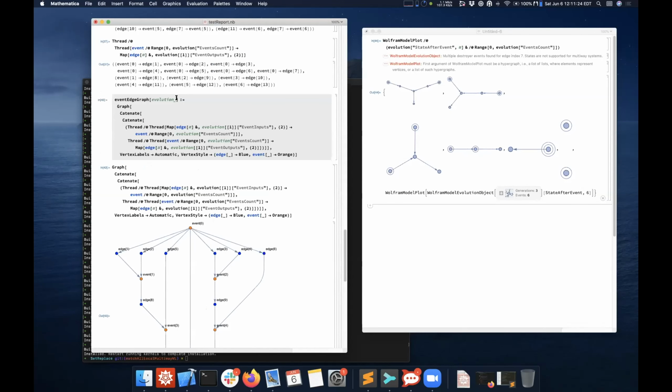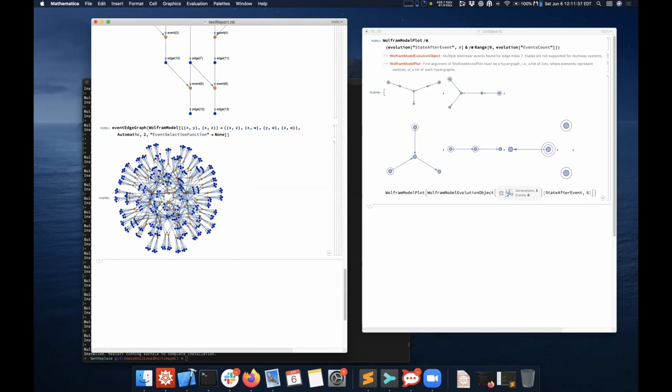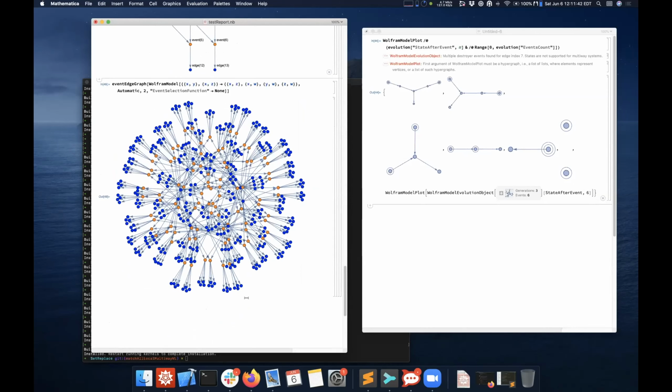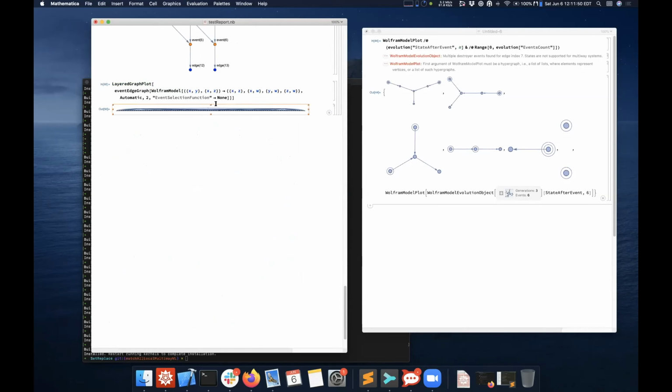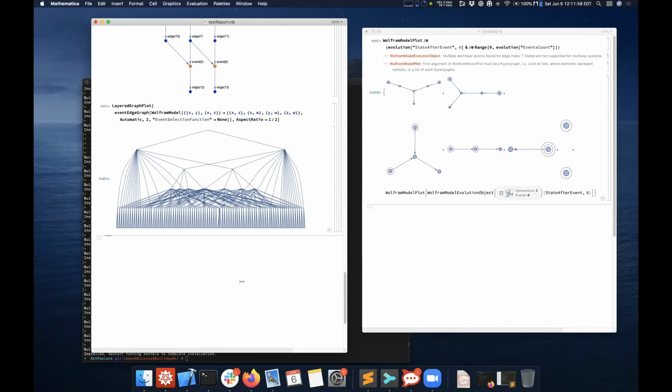Okay, so I need to deal with options. Okay, let's do a layered graph on that. Okay, let's say aspect ratio of the layered graph arrow half or something. Okay, let me understand this picture.